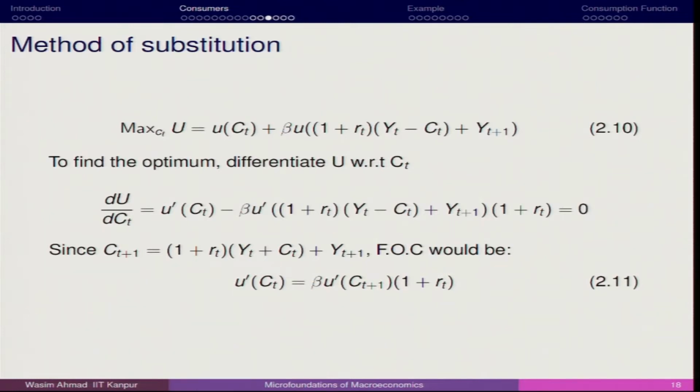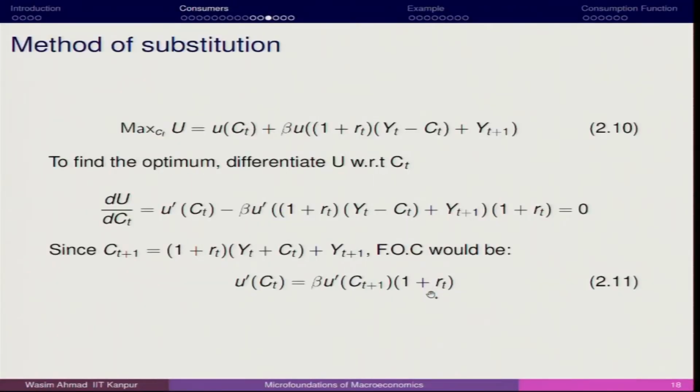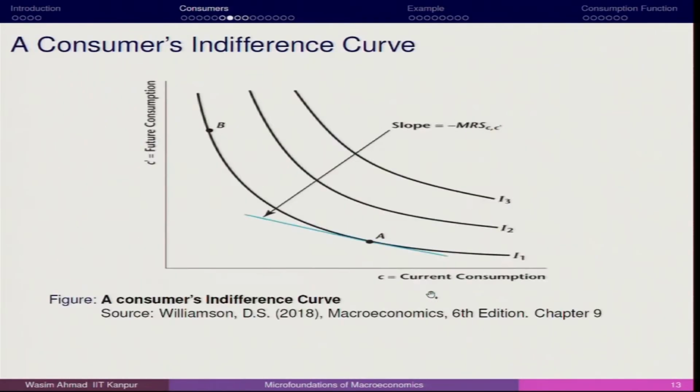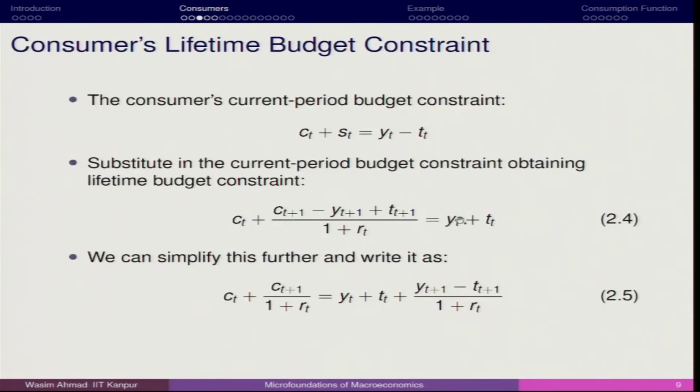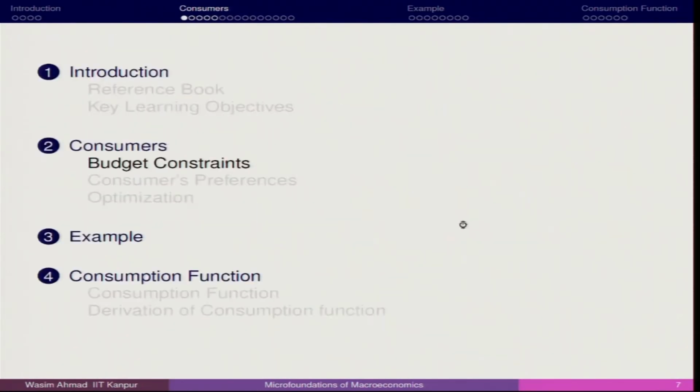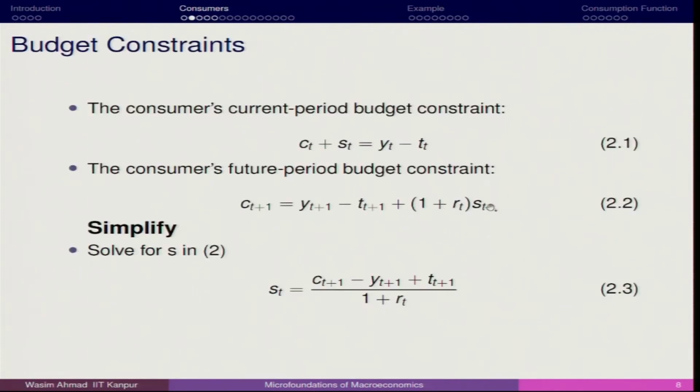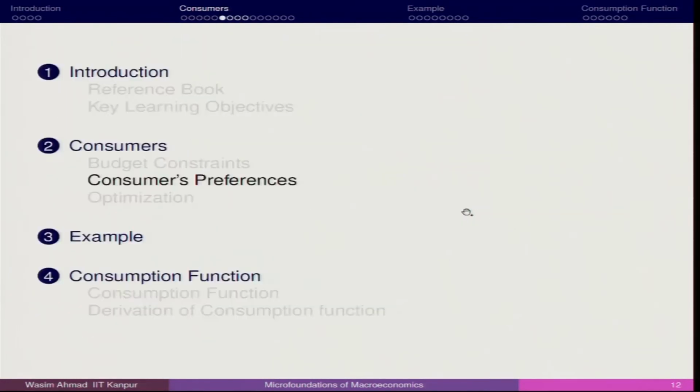So, the factor that it is multiplied by is 1 plus R t. It is coming from the representative agent setup, where, if you remember, I had shown you that he is going to get some amount of income in the future period. So, whatever amount of money he saves in the current period, he is going to get 1 plus R t in future. So, this is how it looks.